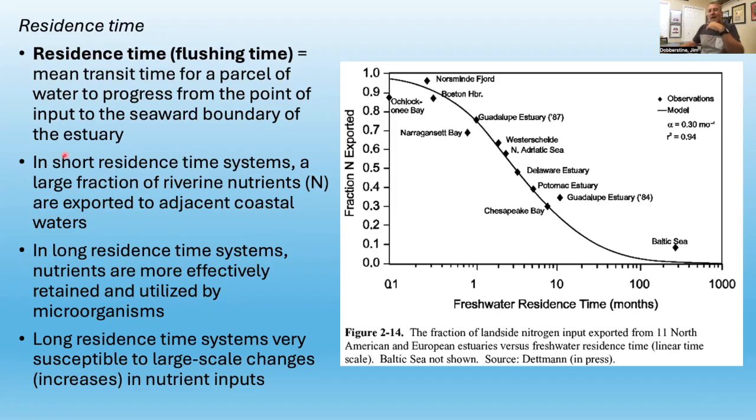So again, short residence times typically lead to those nutrients pushing out. Long residence times, that water is sitting there for a long time, and so you'll see those nutrients are maintained and then actually utilized by microorganisms. Now, I just used the example of pathogenic bacteria, things like E. coli and others.